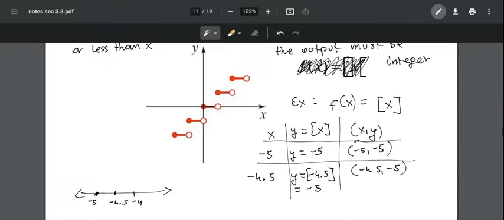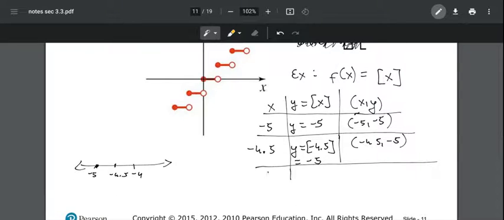Okay. And one more example. Let's say when x is equal to 1, since 1 is an integer, the output y will also be the integer 1. So we have the point 1 comma 1. But when x is the number 1.5, the output has to be an integer. So we have to select the integer which is smaller than 1.5. So we'll select 1. So we'll have the point 1.5 comma 1.